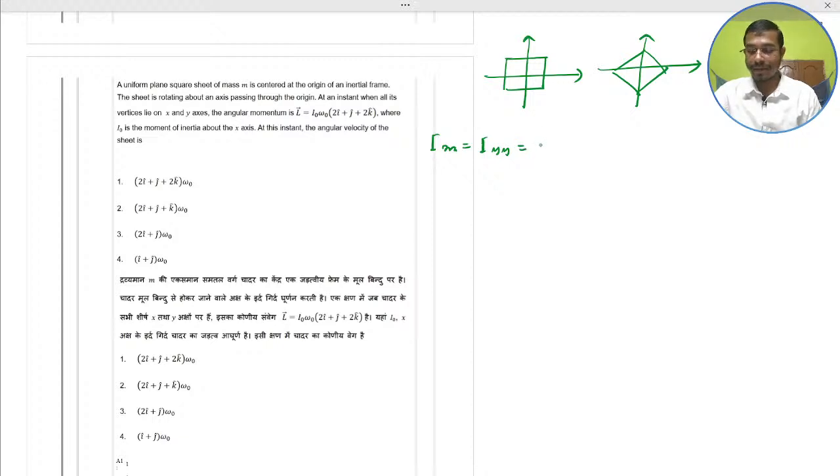This is from classical mechanics, the moment of inertia tensor. Ixx is m a square by 12, and Izz is m a square by 6.